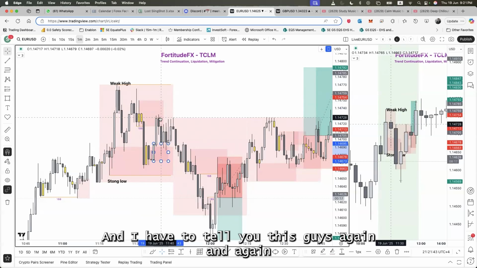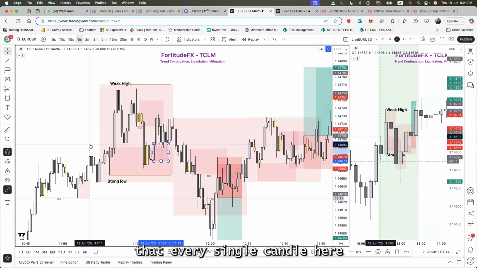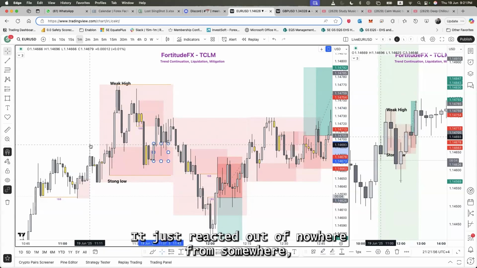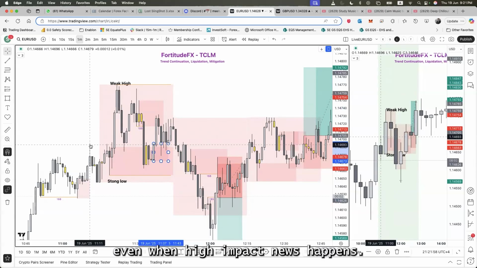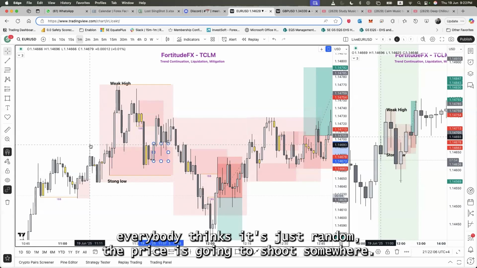And I have to tell you this, guys, again and again till it's beaten into your minds that every single candle here has not been randomly printed. There is no such thing as a random candle. It just reacted out of nowhere from somewhere. Even when high impact news happens. So if you're looking at FOMC or payroll and all that good stuff, when those happen, everybody thinks it's just random.